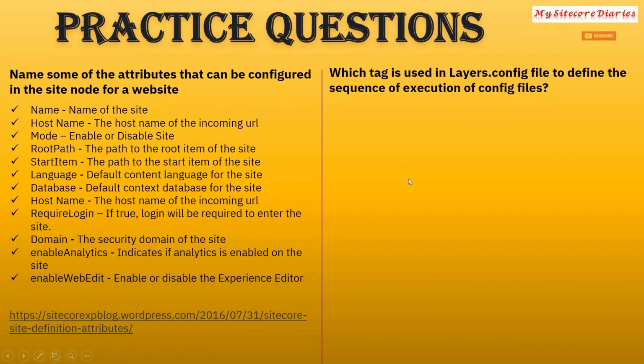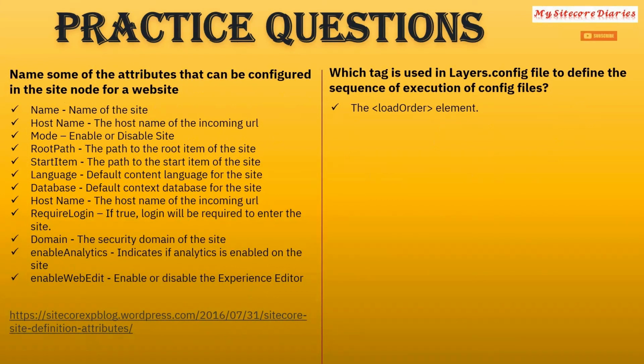Which tag is used in the layers.config file to define the sequence of the execution of config files? This is another new feature of Sitecore, introduced in Sitecore 9, I think, the layers.config file. Basically the loadOrder element in the layers config will define the sequence. Previously, in previous versions, you always executed the configuration files in alphabetical order, but there are some rules in the layers.config file.